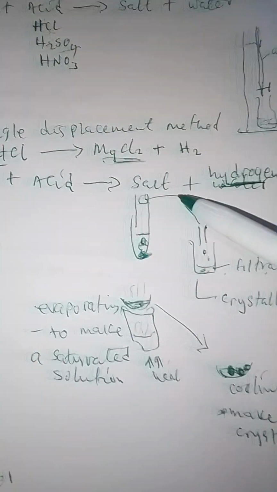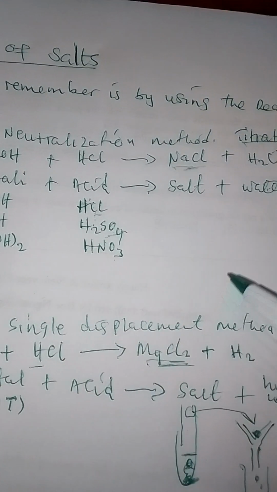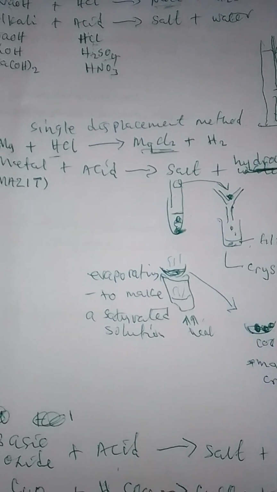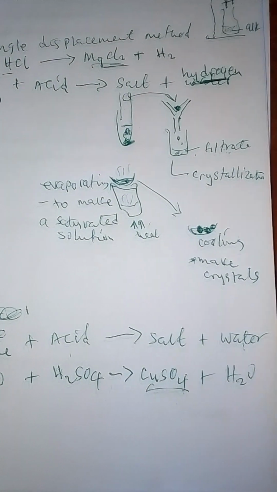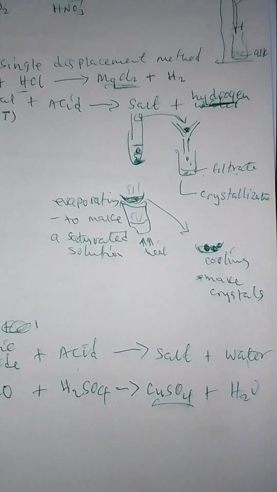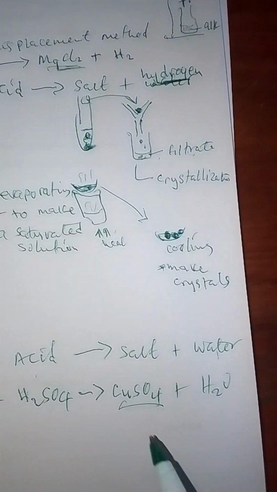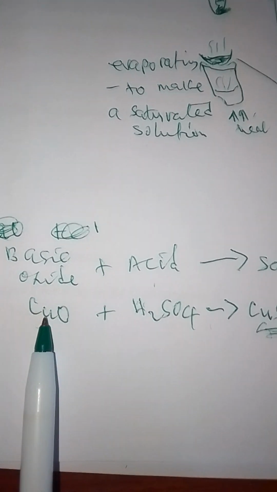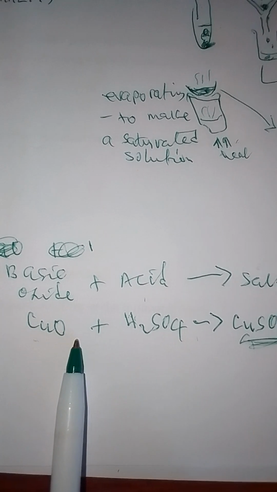Copper sulfate, here we talked of magnesium chloride, here we talked of sodium chloride, all these are soluble salts. So all soluble salts are collected in solid form by the process of crystallization. So this one, it has to undergo the process of what? Crystallization. Of course, this acid, for it to finish, you have to use excess what? Copper oxide.